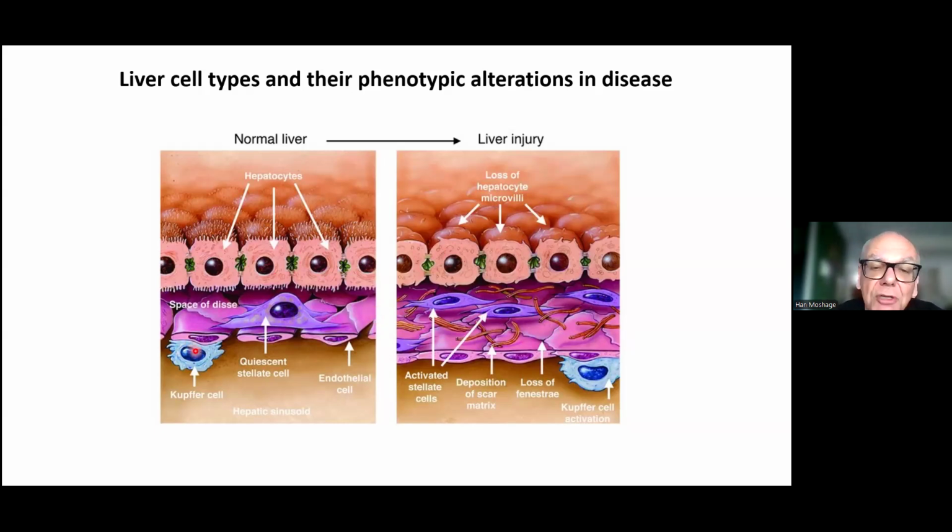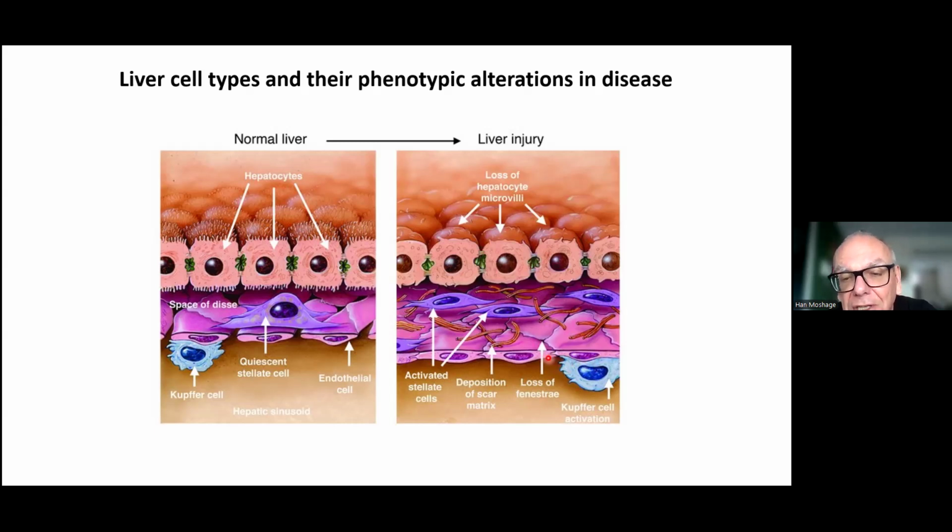The Kupffer cells also become activated. They start producing reactive oxygen species and inflammatory cytokines, amplifying the effect on stellate cells and the damaging effects on the hepatocytes. And finally, the endothelial cells, where you see spaces between the endothelial cells, these spaces become continuous. So these endothelial cells are starting to make a continuous lining, and that will block the exchange of nutrients to the hepatocytes and the removal of toxic metabolites from the hepatocyte to the sinusoid.